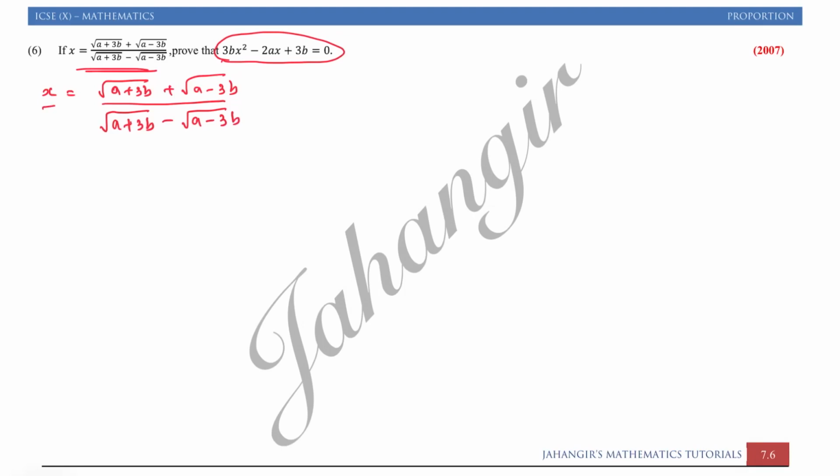So first we can write x upon 1. Do not forget to write x upon 1. Whenever we are applying the properties of proportion, we will apply on both sides, left hand side as well as right hand side.